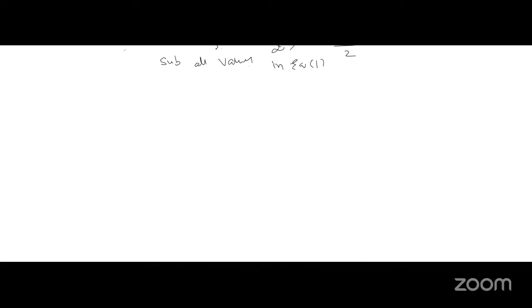x square plus y square plus z square plus 2 into (minus a by 2) into x plus (minus b by 2) into y plus (minus c by 2) into z plus 0 equal to 0.